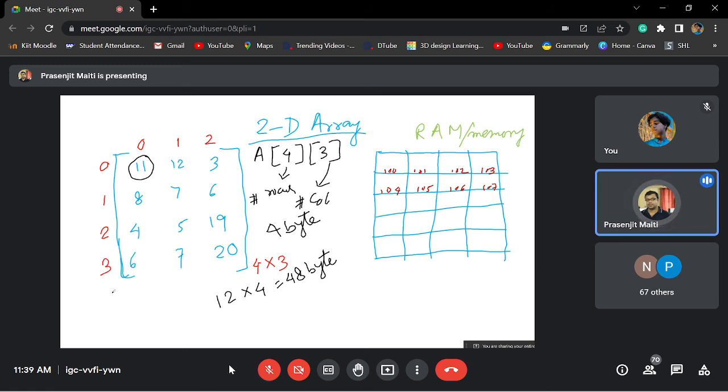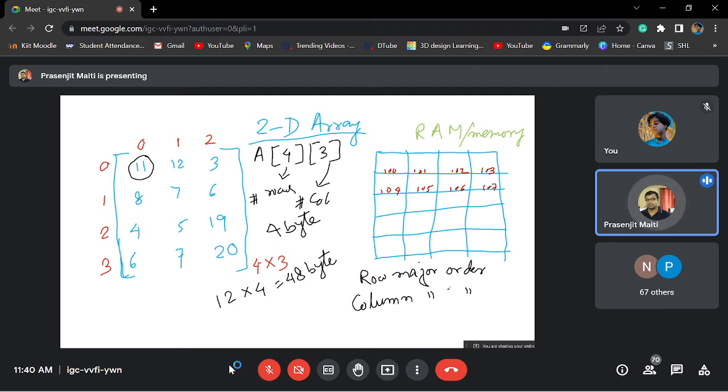Now, how do we store these elements? We can store row wise or column wise. That's why there are two terms: one is row major order, and the other is column major order.